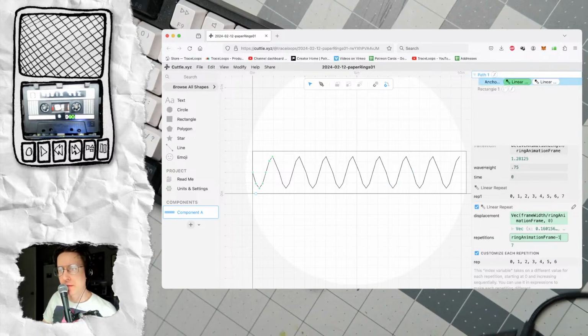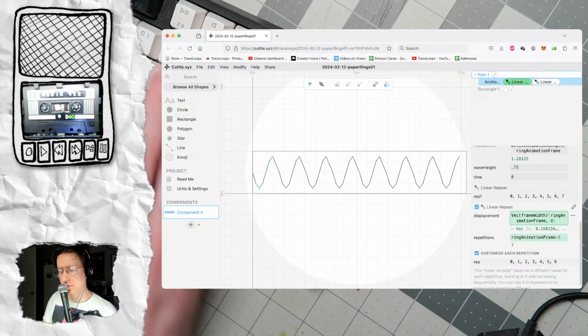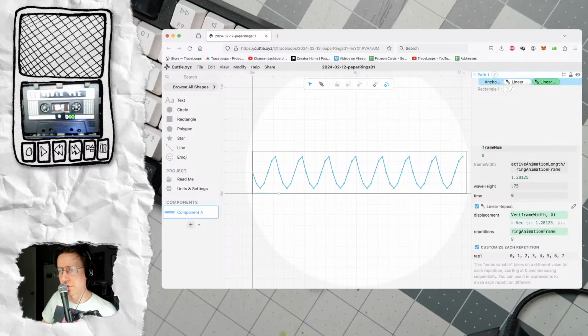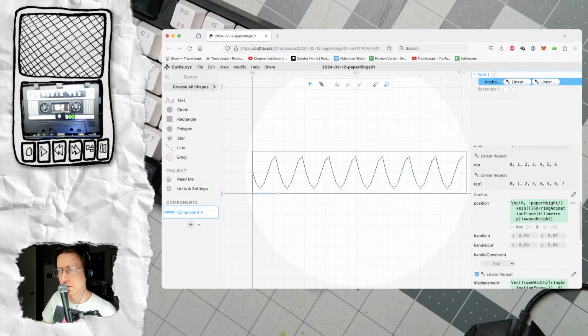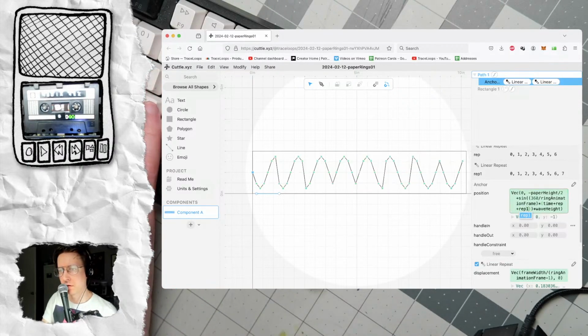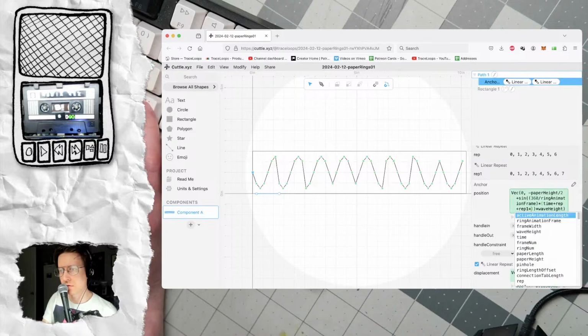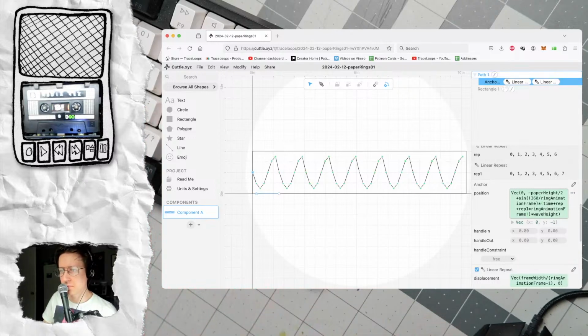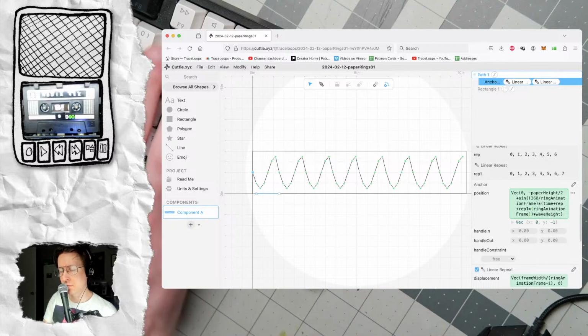I think that this is divided by minus 1, and this is rep and rep 1, come back to this anchor, and plus rep 1 times ring animation frame minus 1.